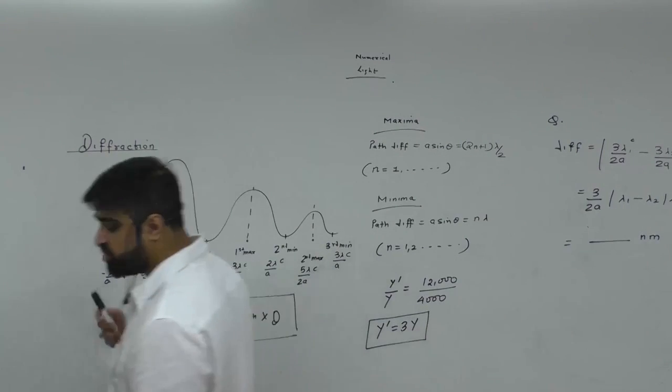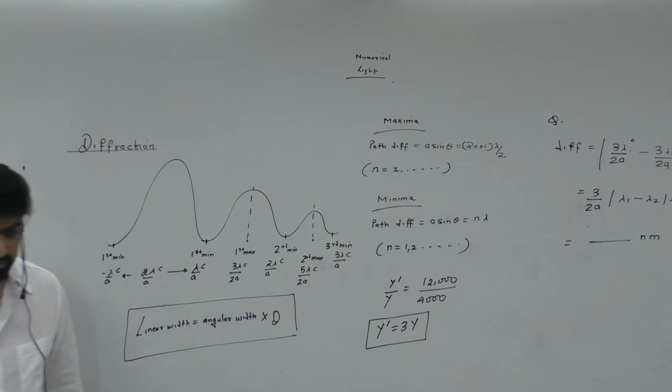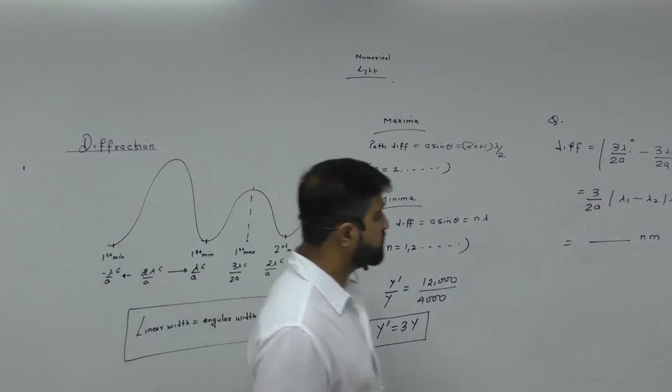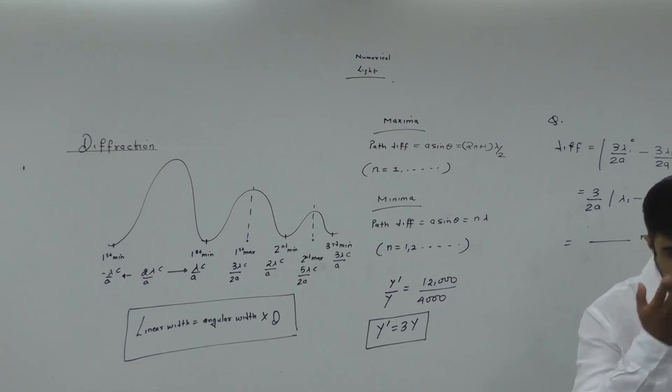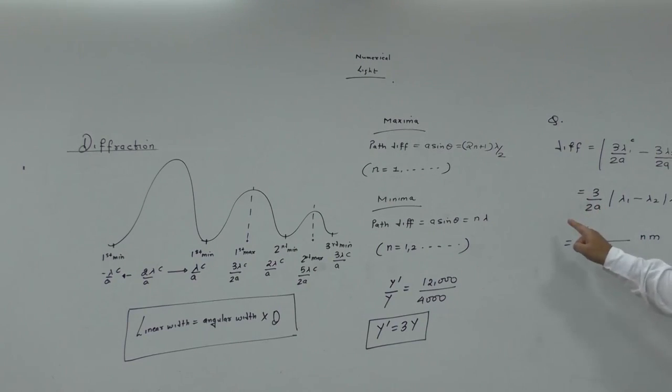Linear width is angular width into बड़ा D. कैपिटल D से मल्टीप्लाई करना है to convert radian to meter.